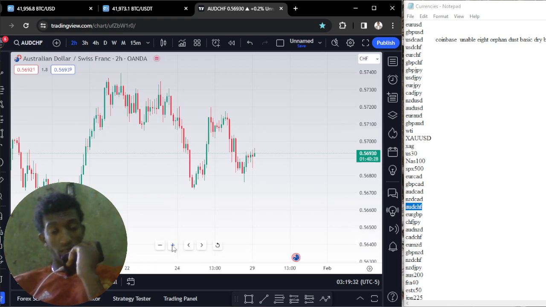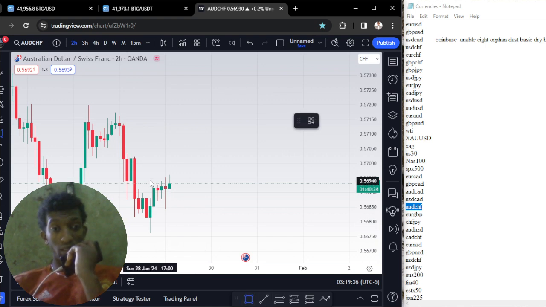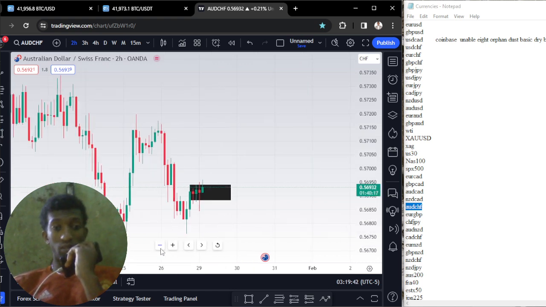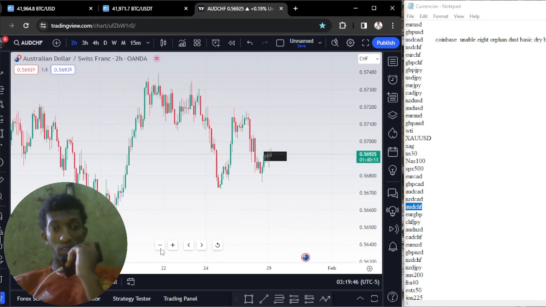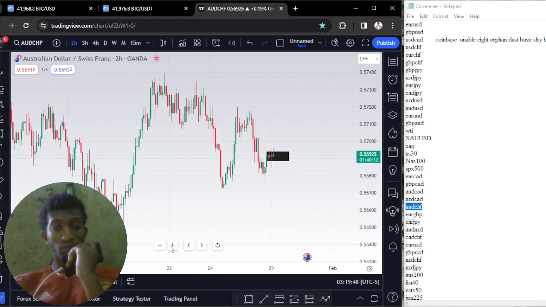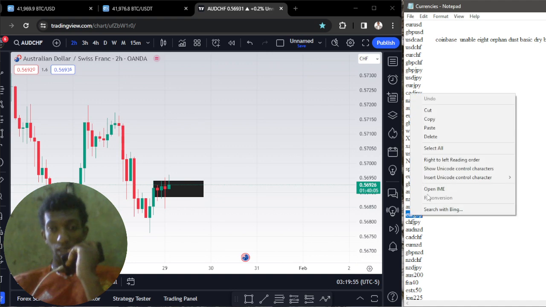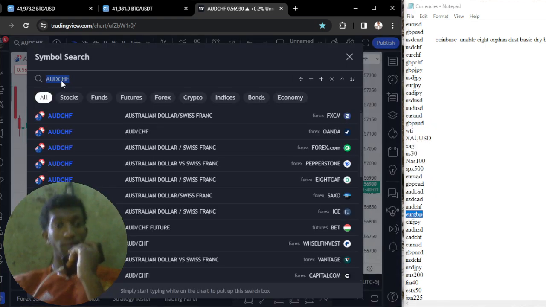Alright, these Aussie pairs are looking good. So we gotta connect just like this, and we'll be waiting for a break. Still consolidating, so the Aussie pairs are still consolidating.